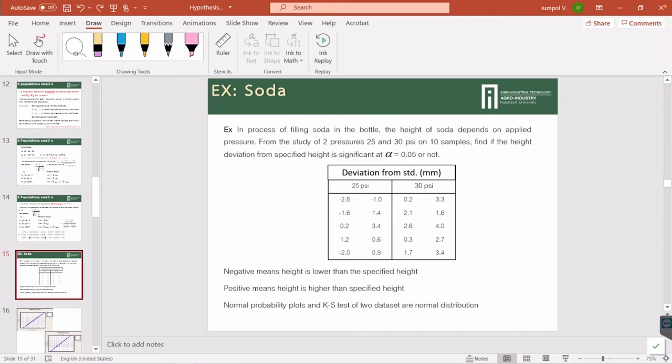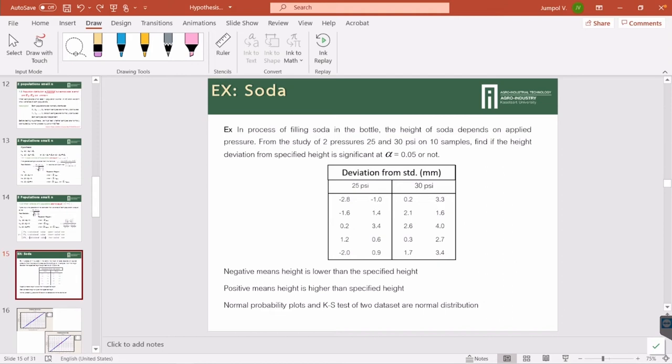In the soda example, there are two pressures to fill the soda bottle, and when we apply two pressures, 25 and 30 psi, we got different heights of soda compared with our intended height.